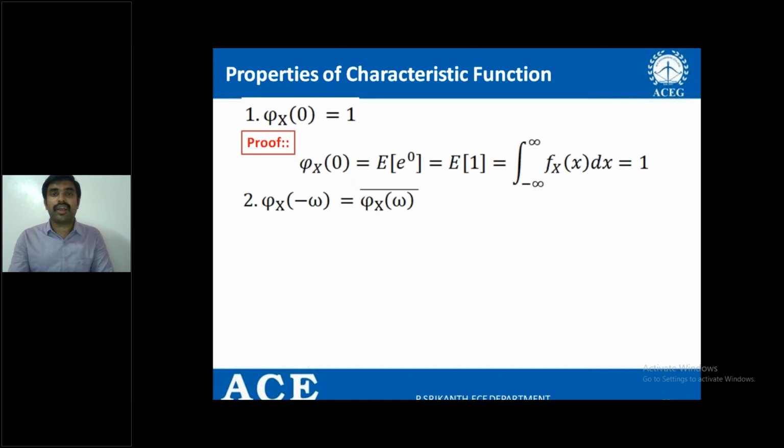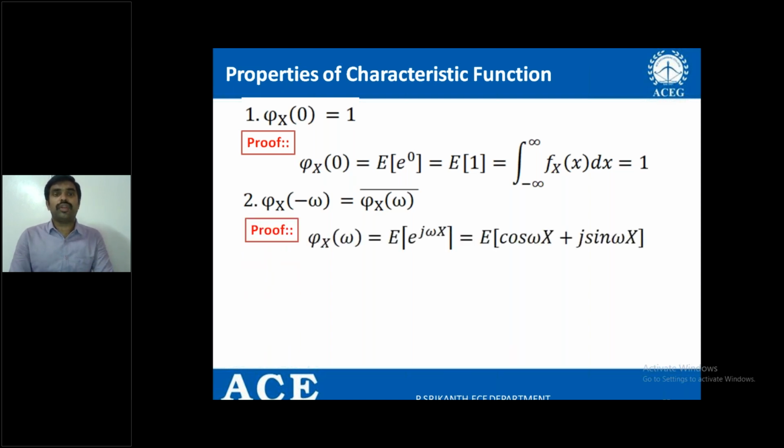Pi x of omega is a complex function, and I hope you are all aware of what the bar is. If I take a plus j omega, its bar becomes a minus j omega. The bar of e power plus j omega is e power minus j omega. That is the complex conjugate.